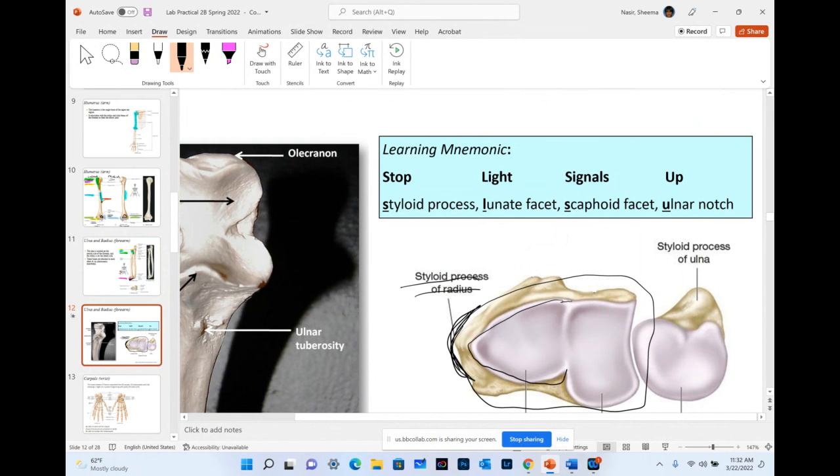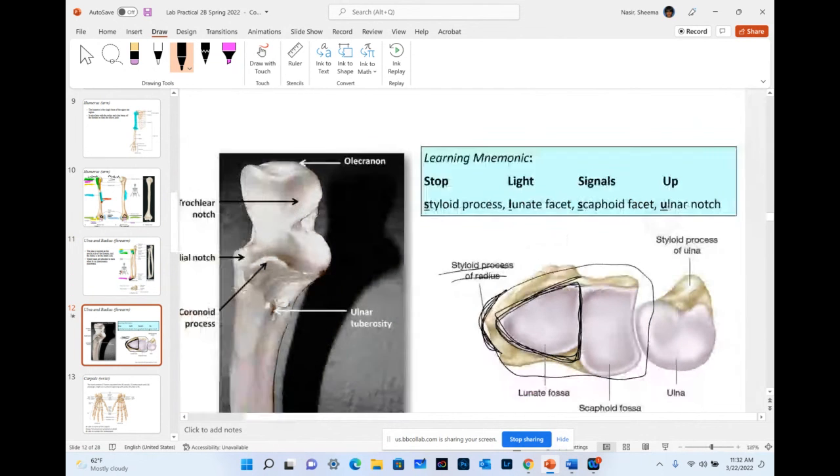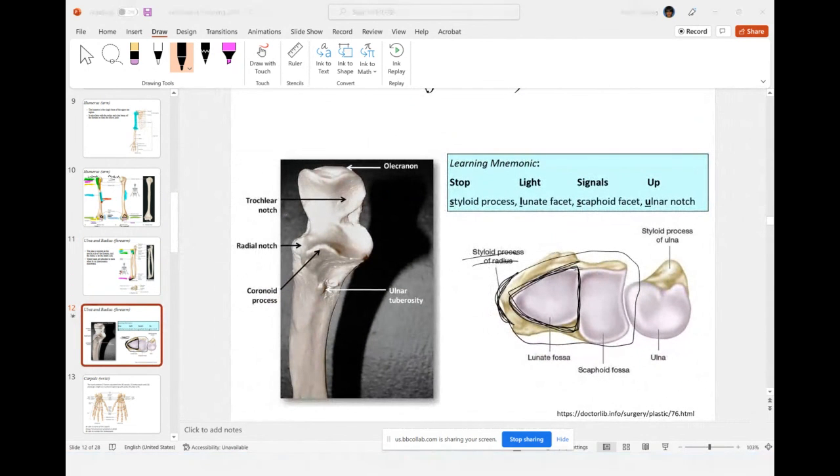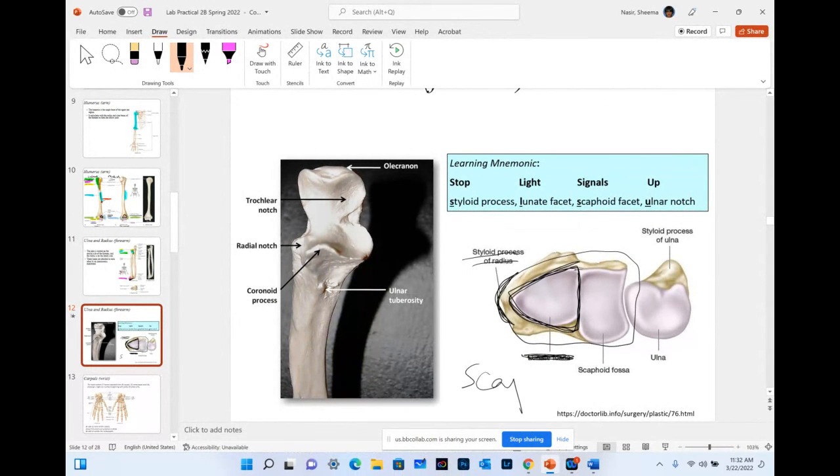The one which is right next to the styloid process, this triangular facet, is called scaphoid fossa.